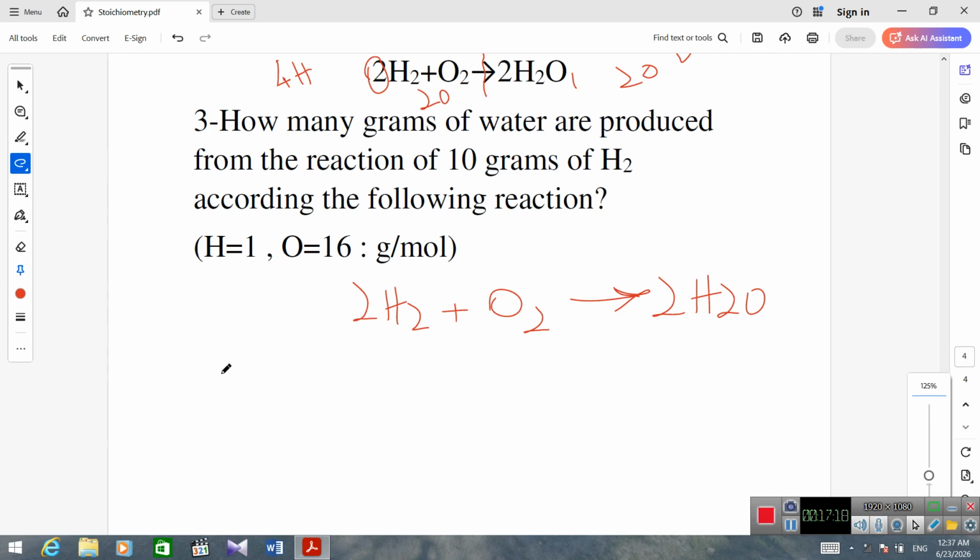As I said before, we must write the question part, how many grams of water is the question, and the given data is 10 grams of H2.